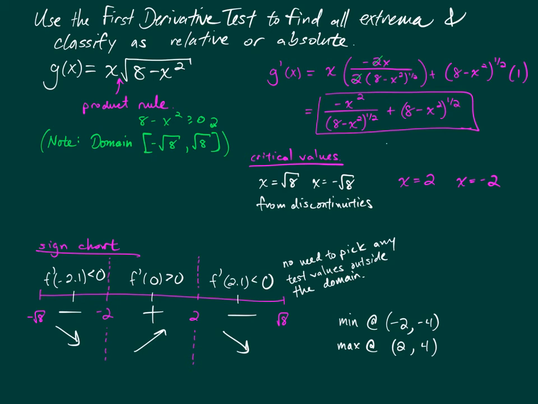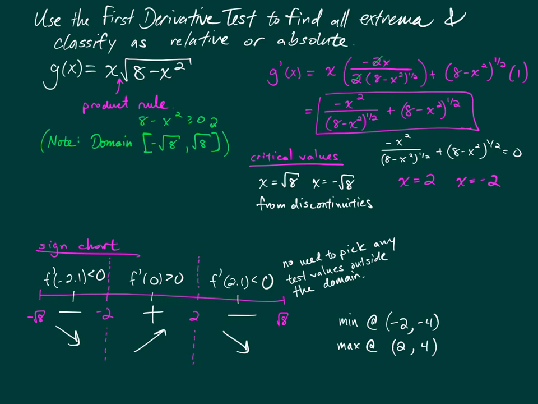Then, to find these other two critical values over here, you will need to first set this equal to 0, so -x squared over 8 minus x squared to the 1/2, plus 8 minus x squared raised to the 1/2 equals 0. And the first step would be to multiply by 8 minus x squared to the 1/2 to get that out of the denominator.